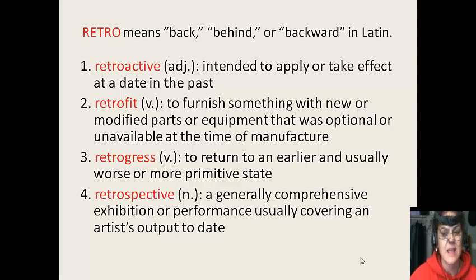And the last one is retrospective, and it's generally a comprehensive exhibition of or performance of an artist's output to date. So if we took, say, Britney Spears. She started out as a Mouseketeer way back when, and now she obviously does a lot of other stuff.